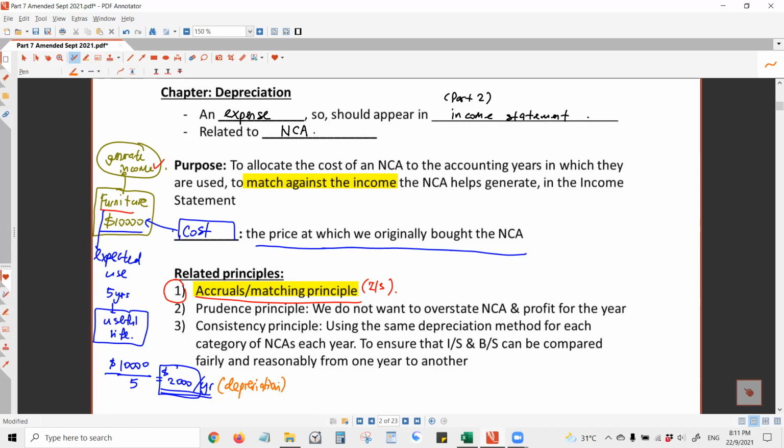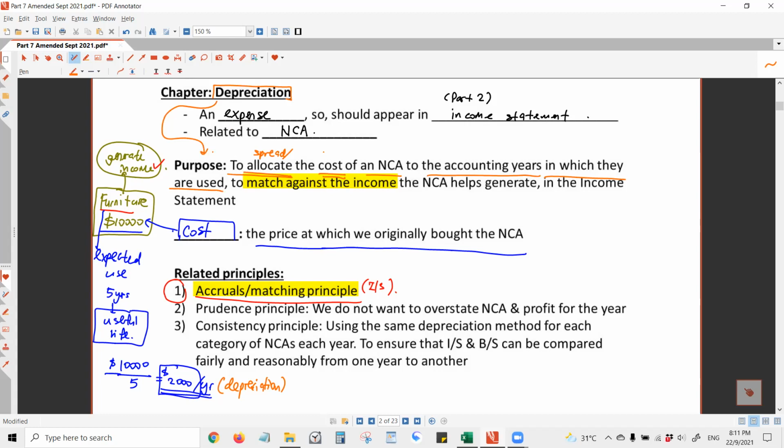Now, let's look at the definition of depreciation. The purpose of doing depreciation is written here. Purpose: to allocate, which means spread, the cost of an NCA to the accounting years in which they are used. This is what I exactly did just now.